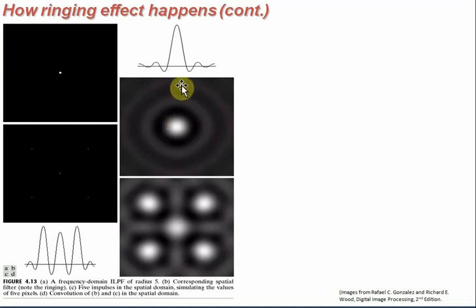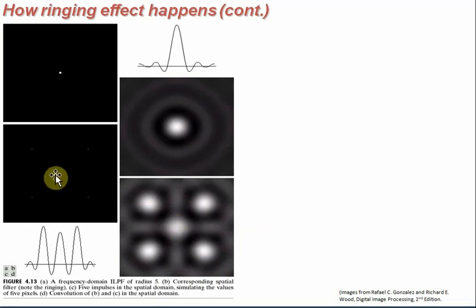Now if I take the image with simply 5 pixels, each with intensity 1, you can see the ringing effect. After convolving these two, you get the image like this, which is the enhanced image.